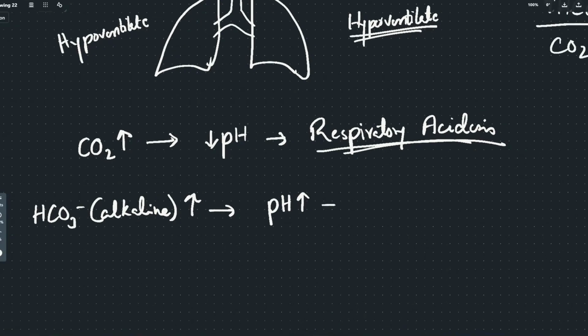So to compensate for this, the CO₂ level should not remain normal. Normally it is about 40 mmHg. What should happen with the CO₂ level? Should it increase or decrease? pH is high, so it should increase actually.